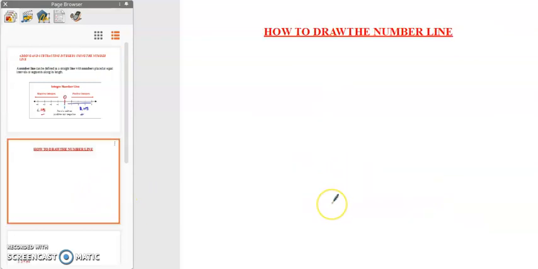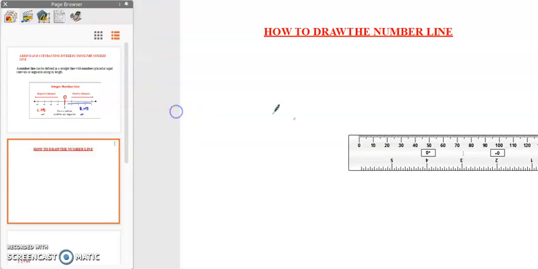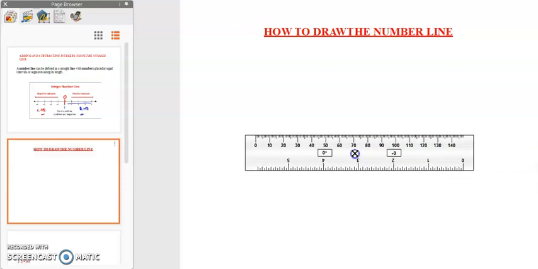Now let's move on to how we would actually draw a number line. Instead of just pulling one from the internet, let me show you how to draw one to use. I pull out my ruler right here.